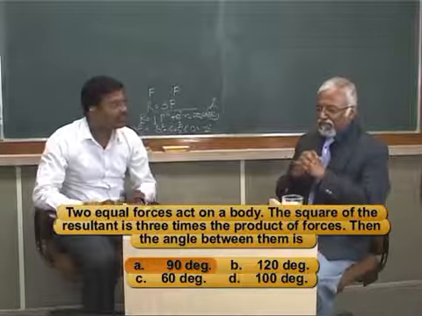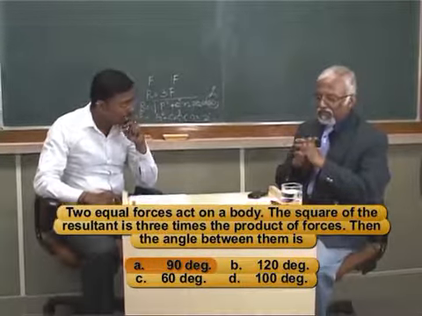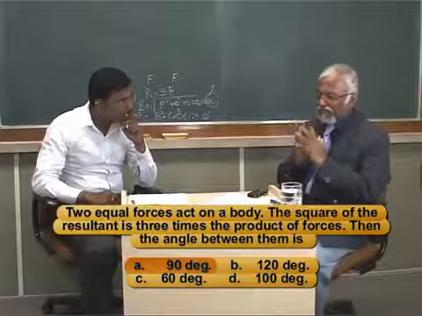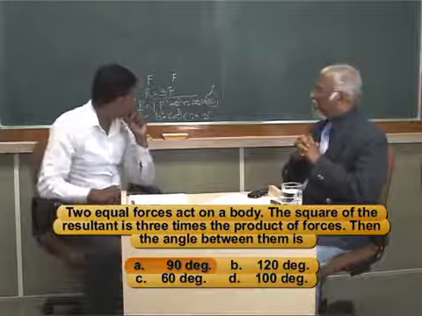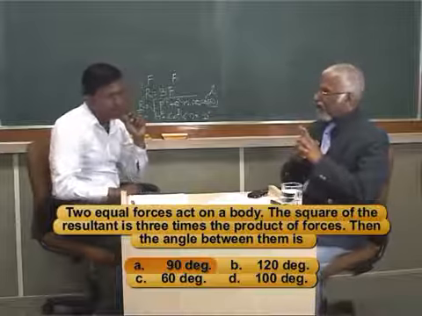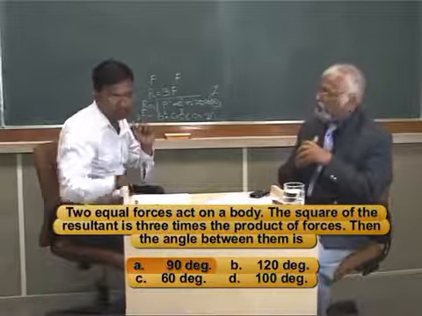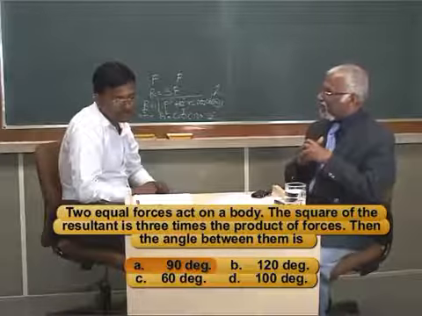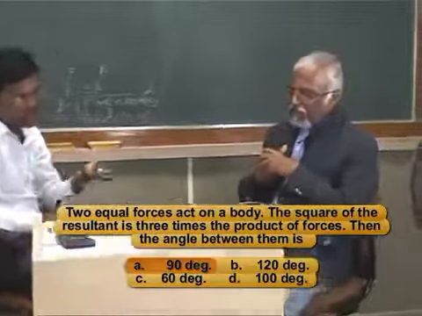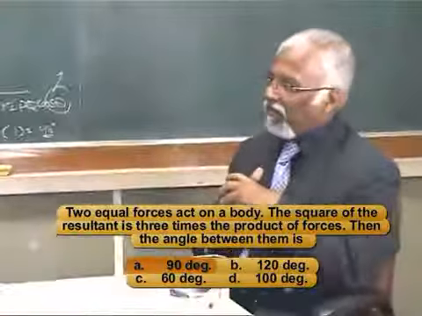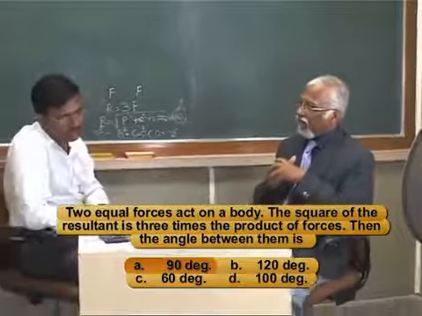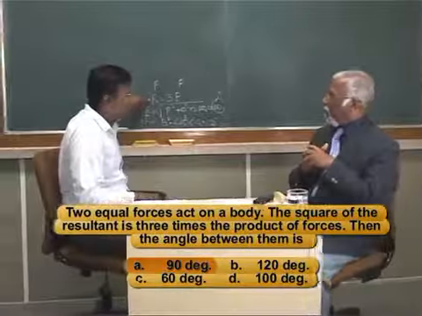I'm a bit confused because there might be some mistake in the calculations. Can you give a second thought? You still have another 15 to 20 seconds. No, sir. The two equal forces act on a body. The square of the resultant is 3 times the product of the forces, so I have taken R is equal to 3F.